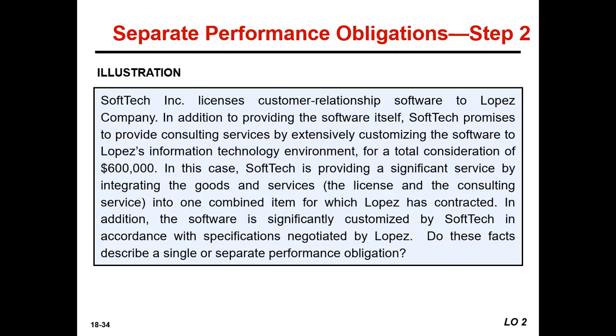In this case, SoftTech is providing a significant service by integrating the goods and services, the license and the consulting service, into one combined item for which Lopez has contracted. In addition, the software is significantly customized by SoftTech in accordance with specifications negotiated by Lopez. Question: do these facts describe a single or separate performance obligation?